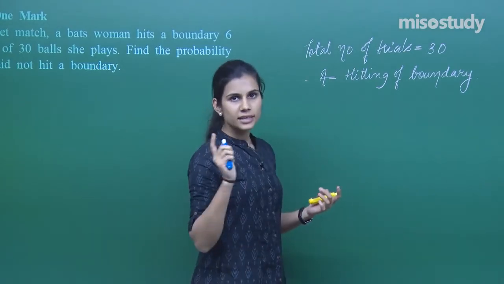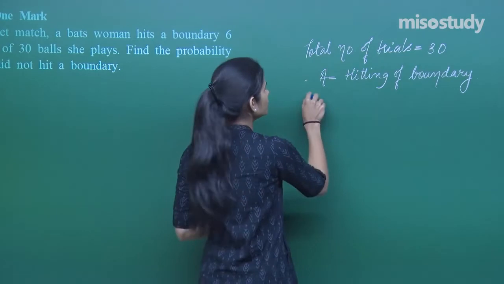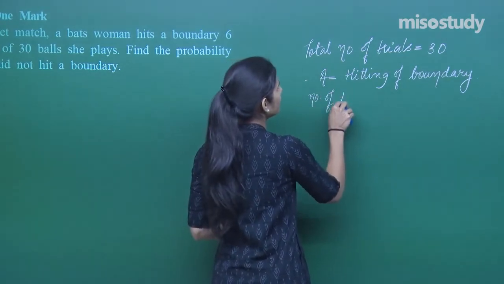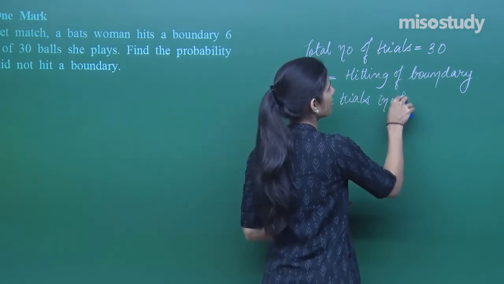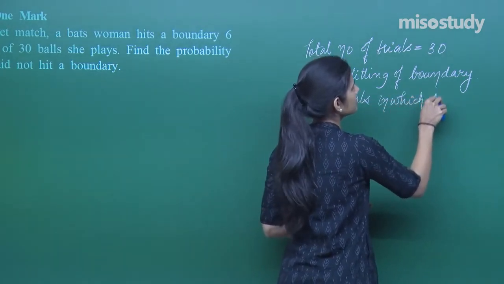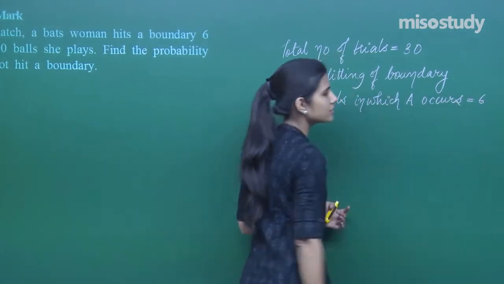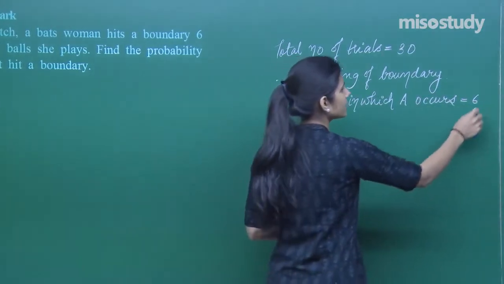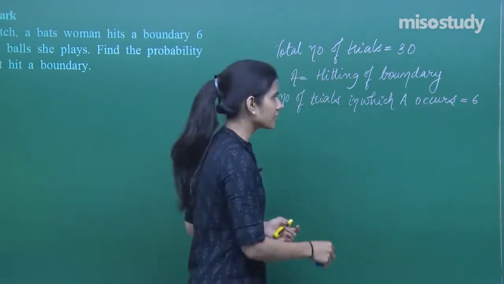In 6 hits or in 6 plays, she is hitting the boundary. Out of 30 trials, in 6 trials event A is occurring.